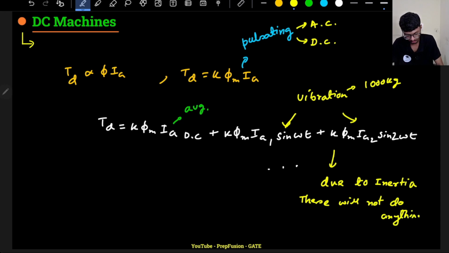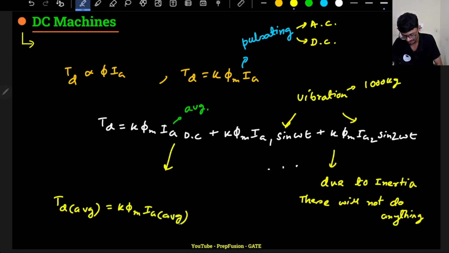The ultimate torque is only due to the average value. That's why we are concerned about the average value. So my TE average, the average developed torque, which is what I am concerned about, will be equal to K phi m into IA average.